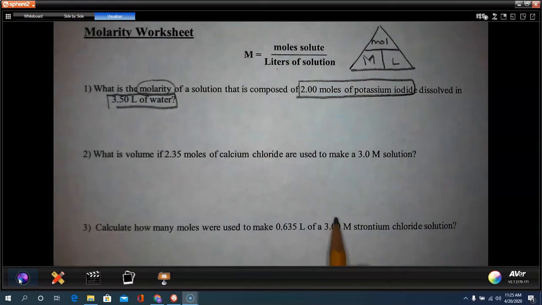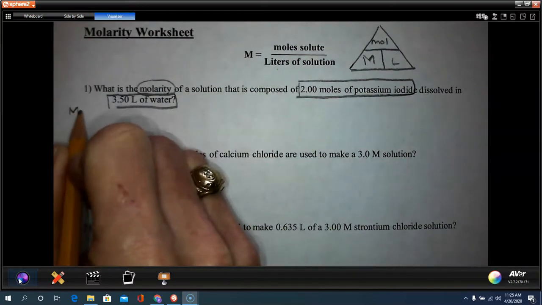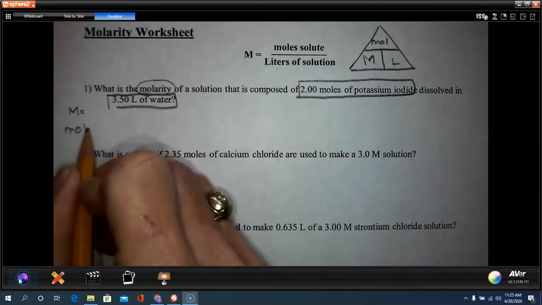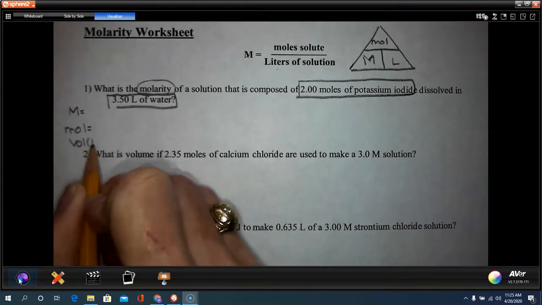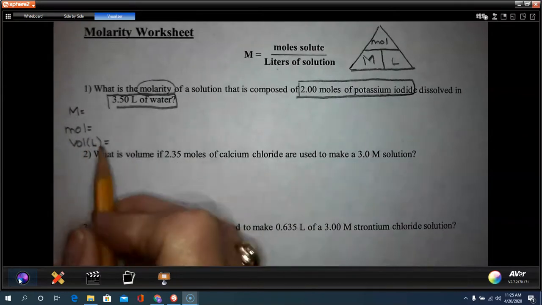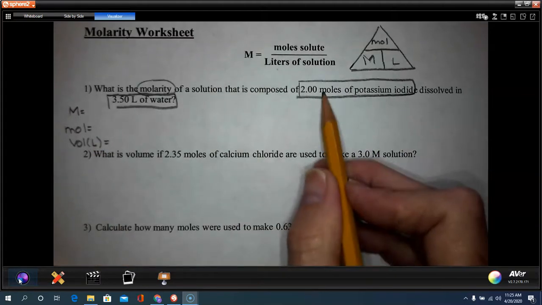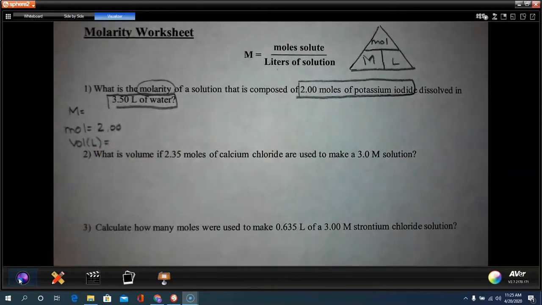Then I like to list out all of my variables. I know that I'm going to be needing a molarity at some point, and moles, and volume, which is in liters. So I'll go back in my problem and find what numbers I have for these variables. I have 2 moles for potassium iodide, so I put 2.00 moles here.